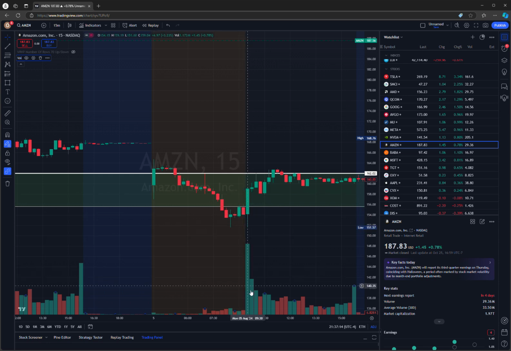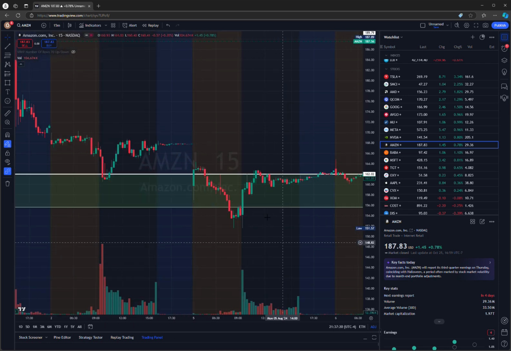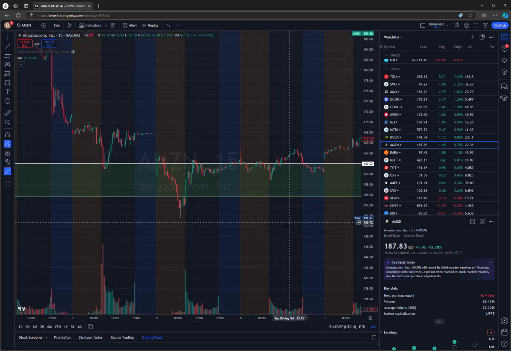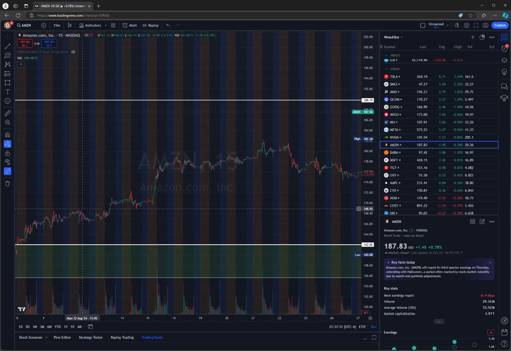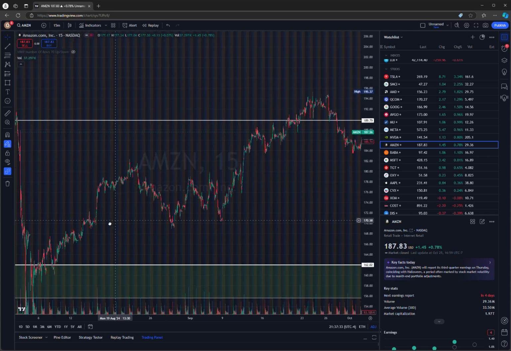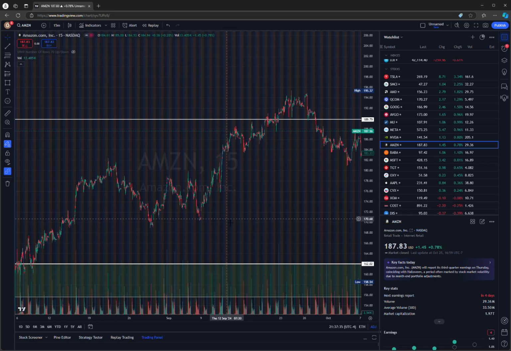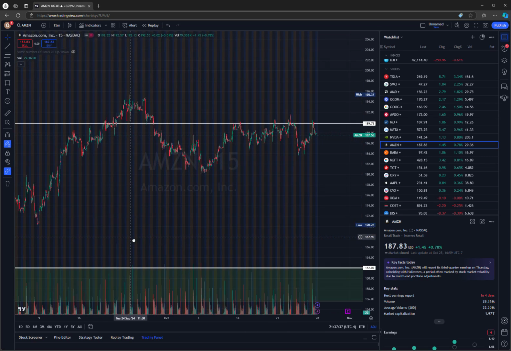You're getting a single candle with tons of volume, chewing up everything that's in the pre-market. It doesn't even spend any time in this zone. It spends the day there, and then after a couple touches, it's off to the races. And it never came back. It hasn't been back since.